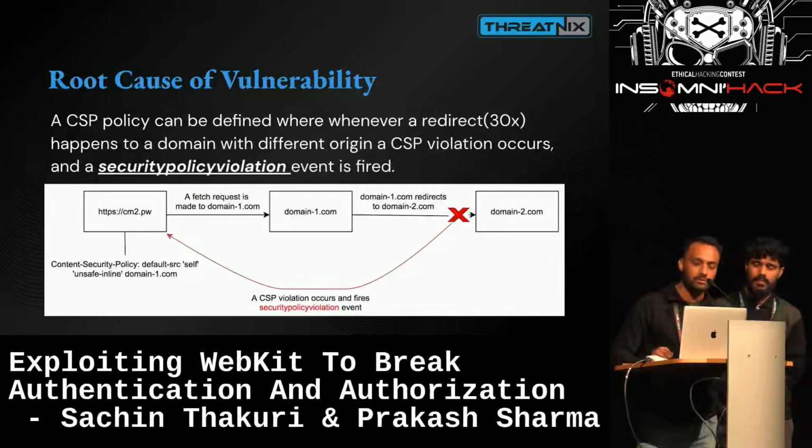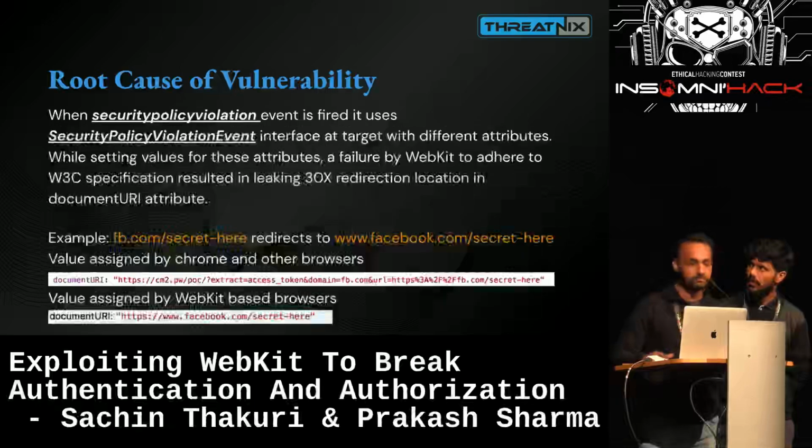Now, the response from domain1.com contains a Location header that redirects to a domain with a different origin, domain2.com. But due to our CSP policy, the request to domain2.com is blocked and a CSP violation event is fired.